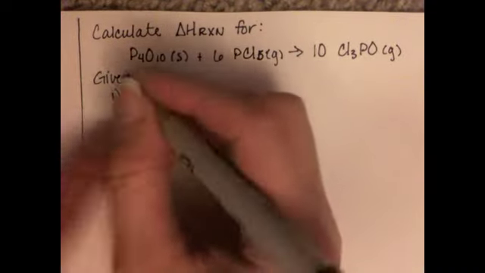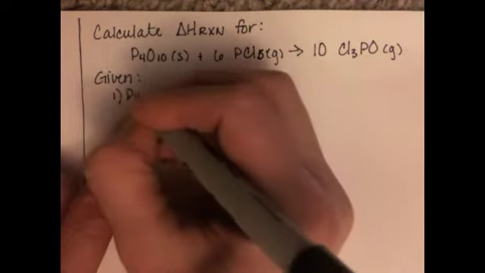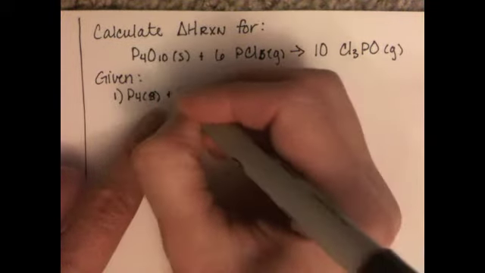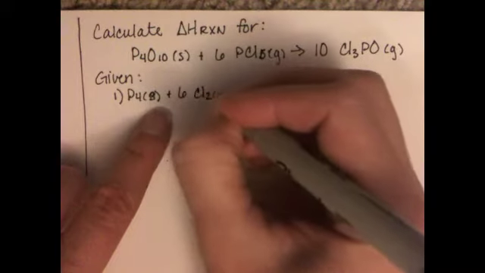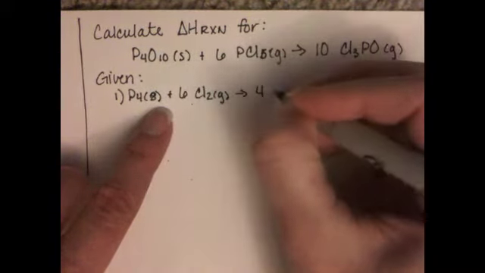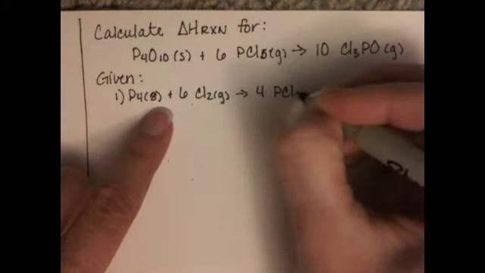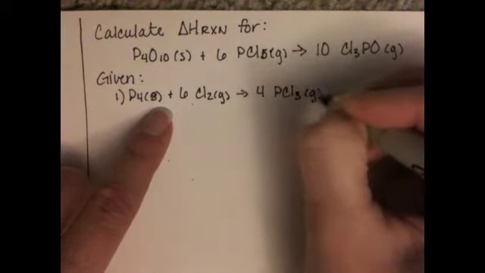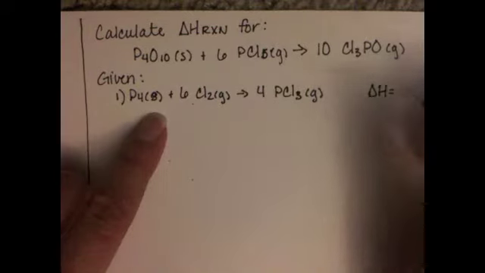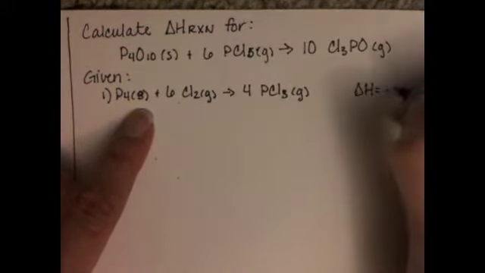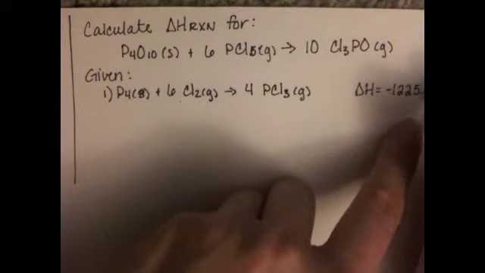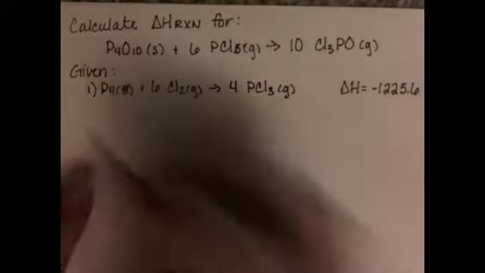Equation number 1 says P4 solid plus 6 Cl2 gas produces 4 PCl3 gas. Delta H for that is negative 1,225.6 kilojoules per mole.